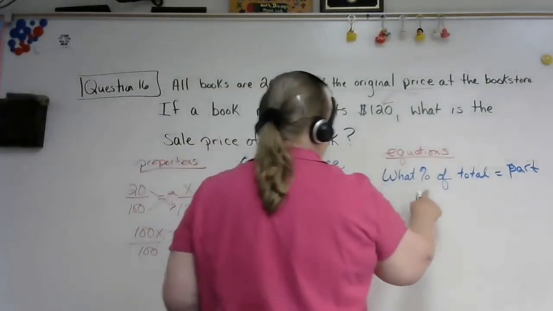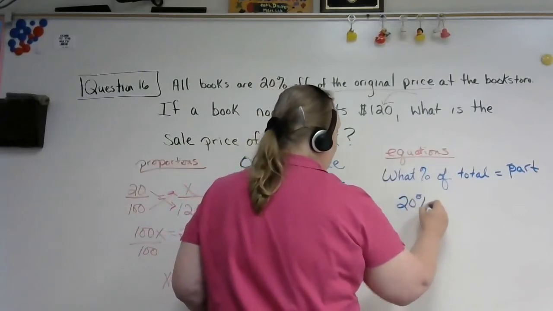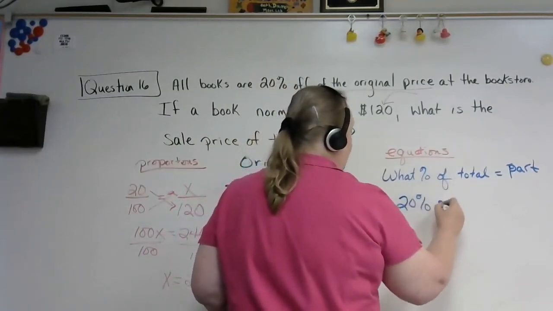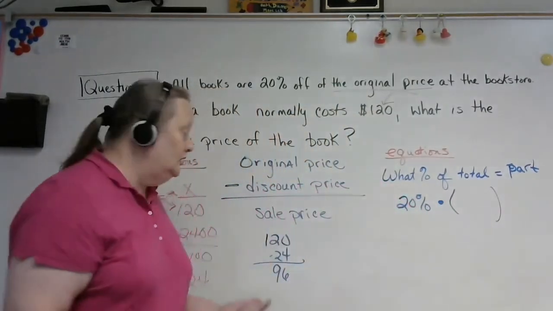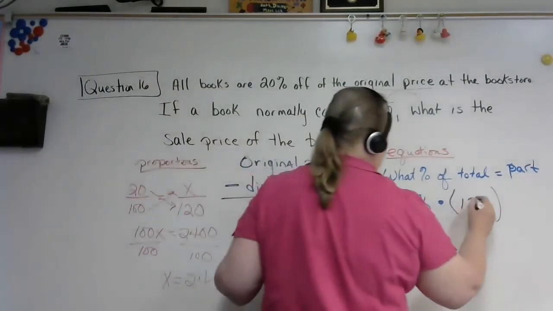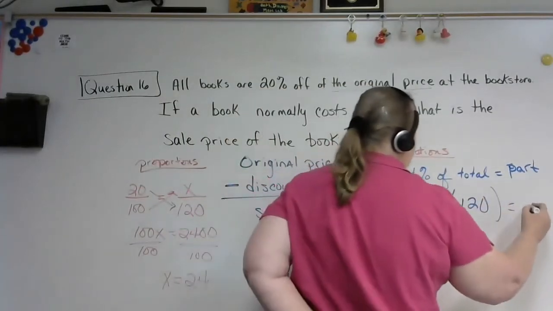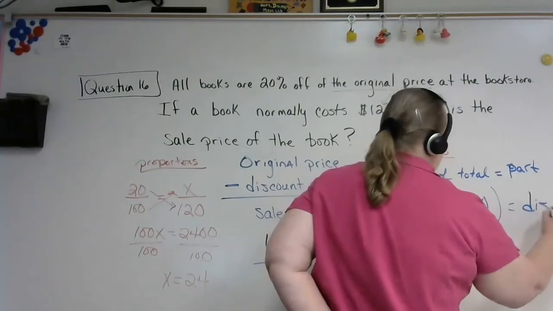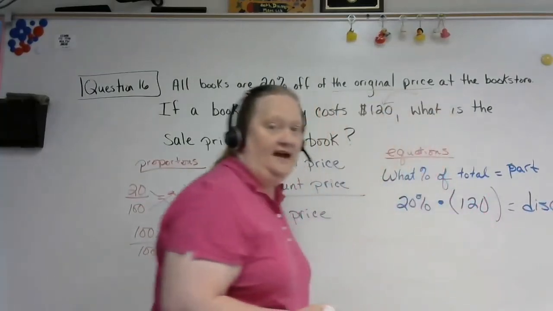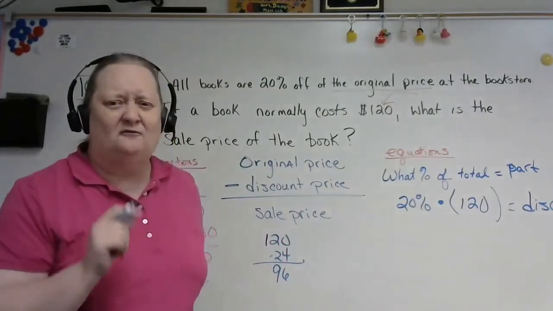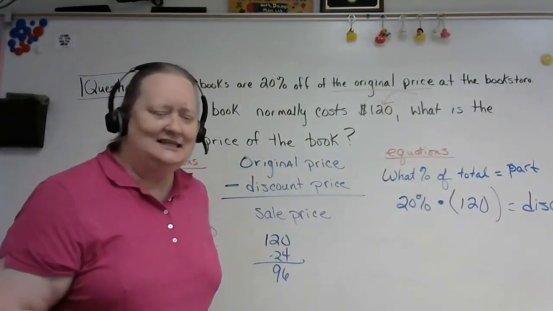So what percent? That would be 20% of, which means times the total or the original. So that would be 120 equals the part, or in this case, the discount. I'm writing that out of frame, but don't worry, it just says discount.